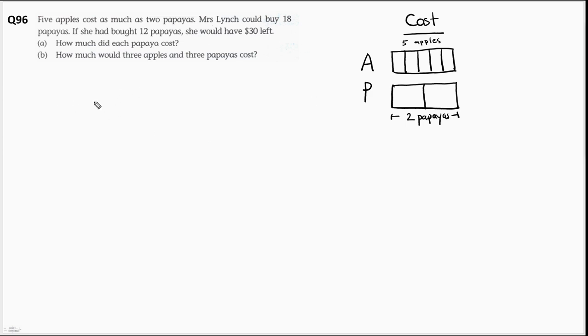Now, I think we could just do a very simple model for this. And here we go. This is a bar that represents the 18 papayas that could be bought.